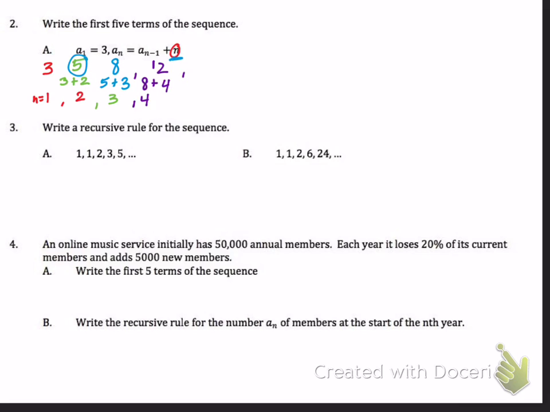My fifth term, so this is the last one, would be 12 plus what? 5, which would give me 17. So a lot of work below, but my first 5 terms would be 3, 5, 8, 12, and 17.